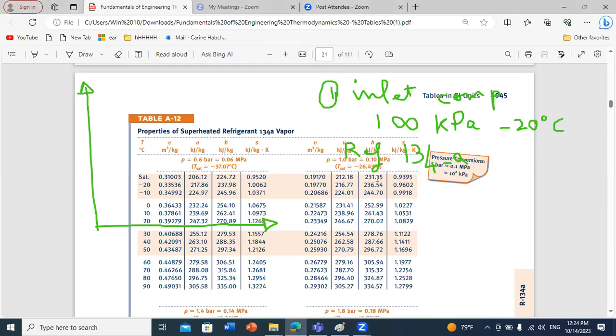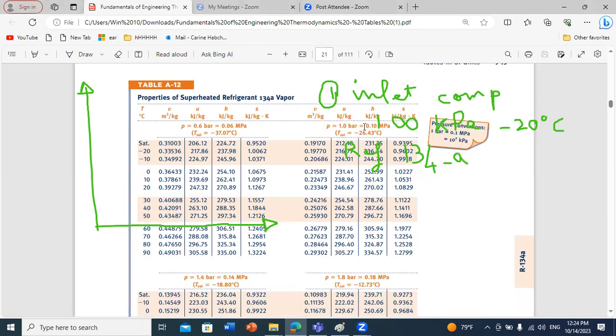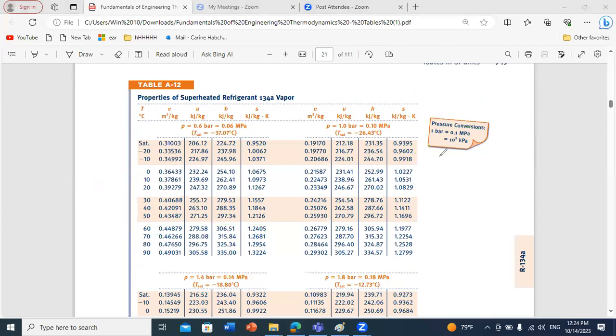We can check the saturation temperature. From this table, the saturation temperature is minus 26.43 degrees. So we can say that our temperature, which is minus 20, is larger than T sat. So we can be sure that we are in the superheated region. This is the right table we are searching for.